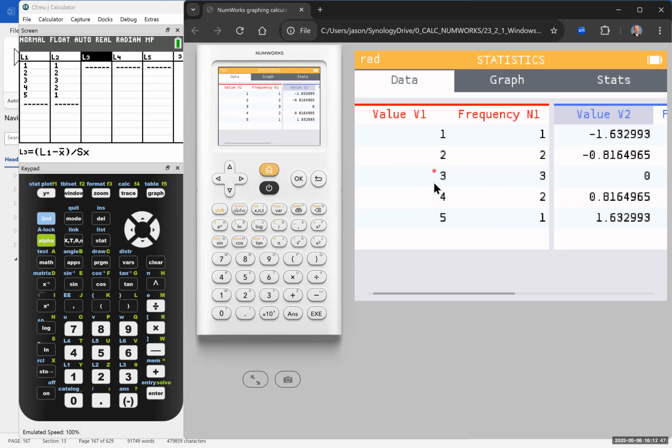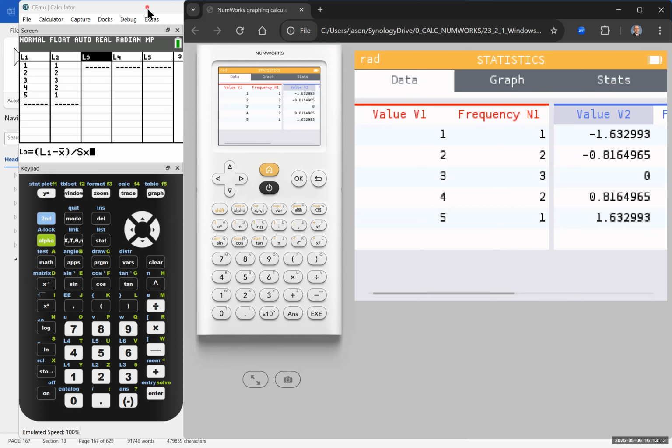So when you have a mean on one scale, like the donut scale, that becomes 0 on the z-scale. And then a 4 on a donut scale is equal to a positive 0.81 on the z-score scale. And a 5 on the donut scale converts to a positive 1.63 on the z-score scale.